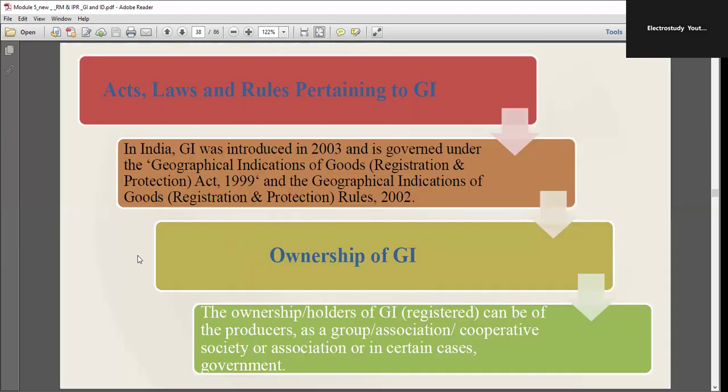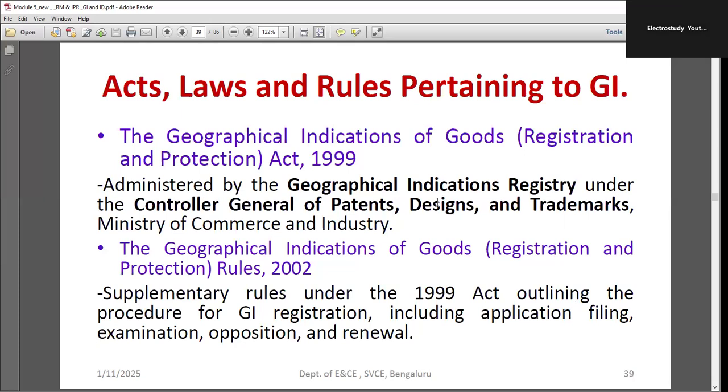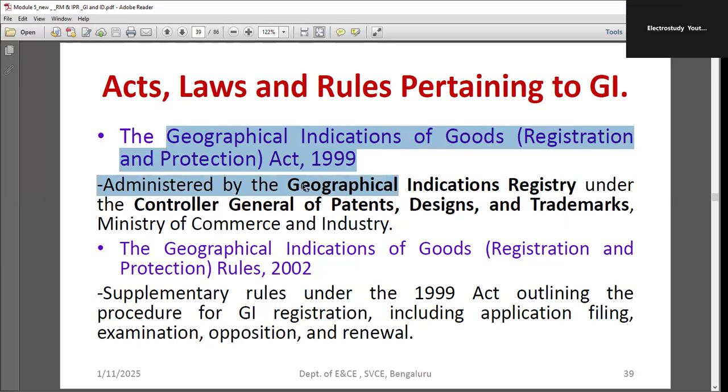Okay, different laws are applicable. The main GI law was introduced in the year 2003. It is under the Geographical Indications of Goods Registration and Protection Act 1999 and the Geographical Indications of Goods Recognition and Protection Act 2002. It also depicts the ownership rules, etc. Similarly, there are different rules you are supposed to explain. Geographical Indications of Goods Act 1999.